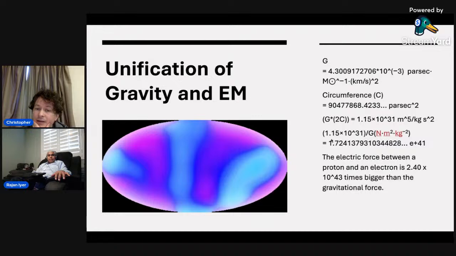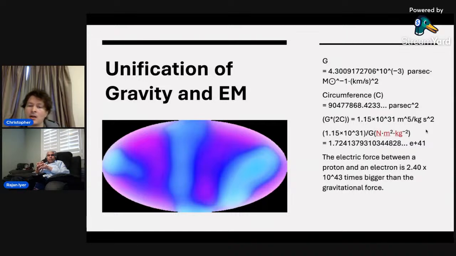And if we divide by G, we don't have to use the parsec version here because we can see this has been converted into slightly different units.